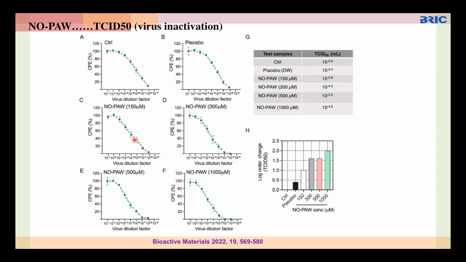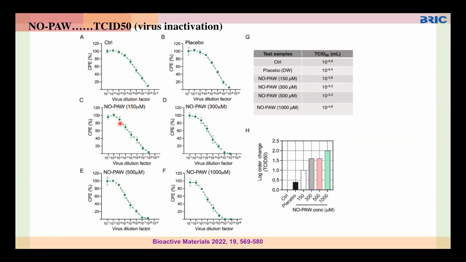So we tried various concentrations of NO water and looked at the cytopathic effect by the virus. Virus has the property to infect human cells and make the cytopathic effect. So we checked whether this cytopathic effect is reduced after this plasma treatment or not.